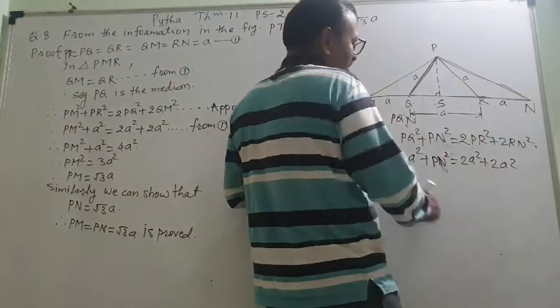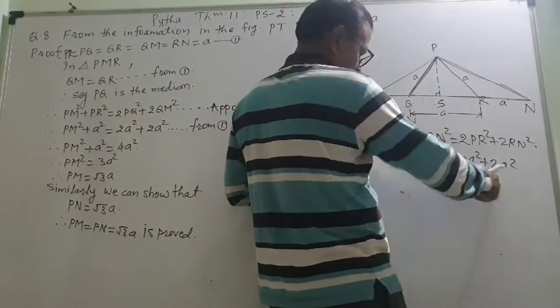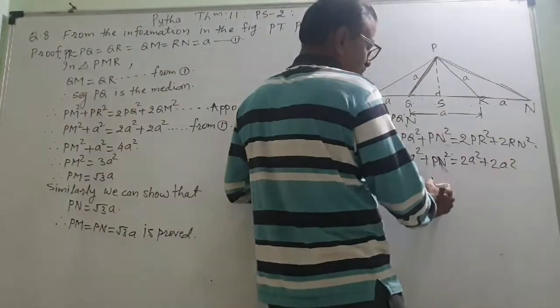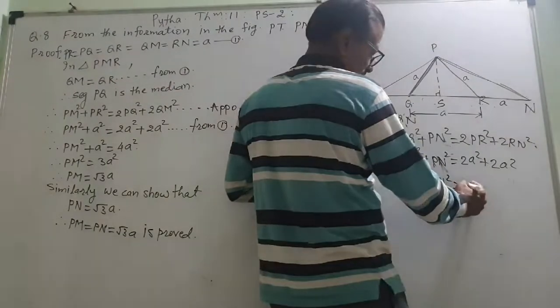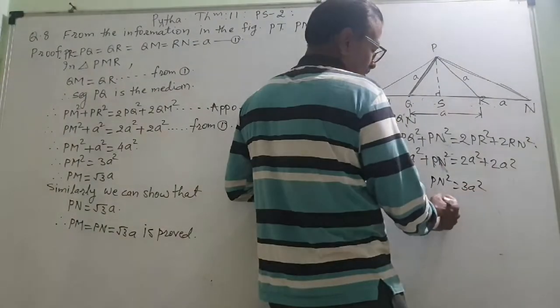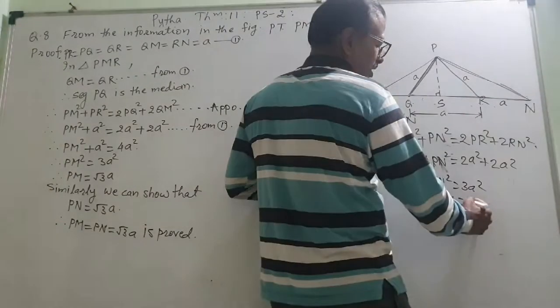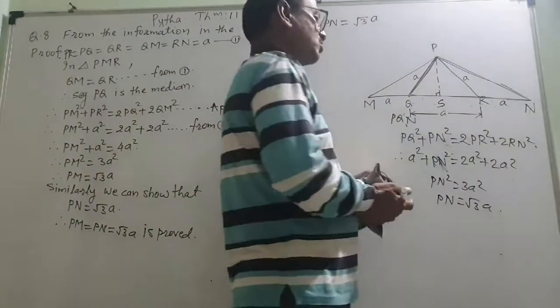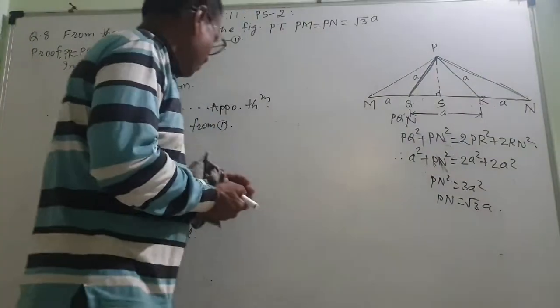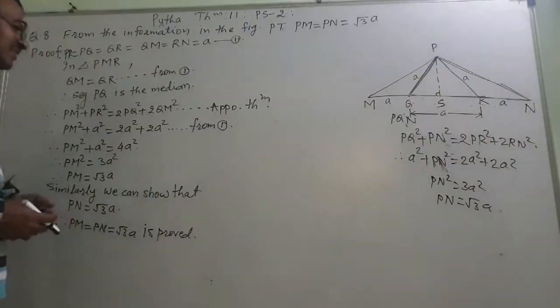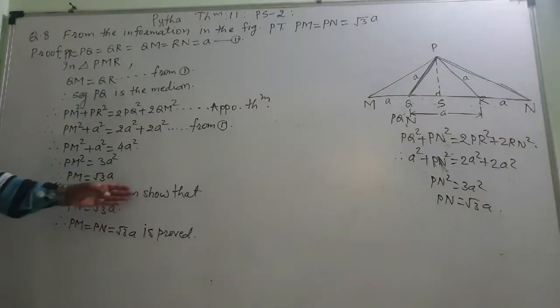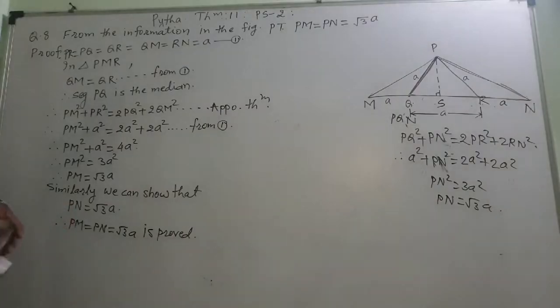So now shift it there. 4A square minus A square will be 3A square. So PN square will be 3A square, so PN is equal to root 3A. I hope you have understood this very well. So instead of solving, similarly we can show that PN is equal to root 3A.